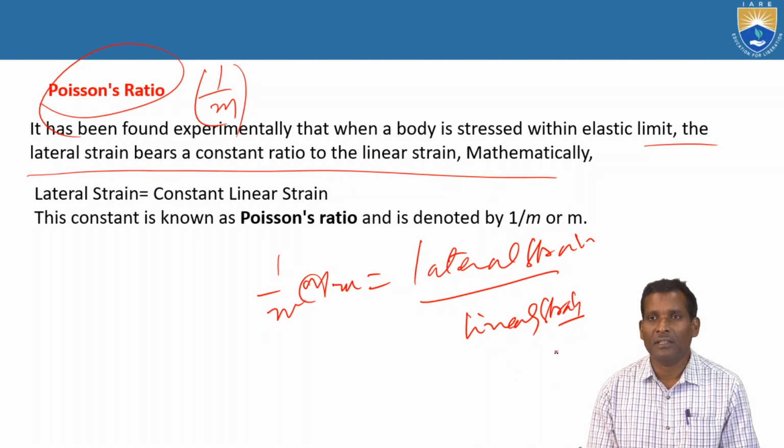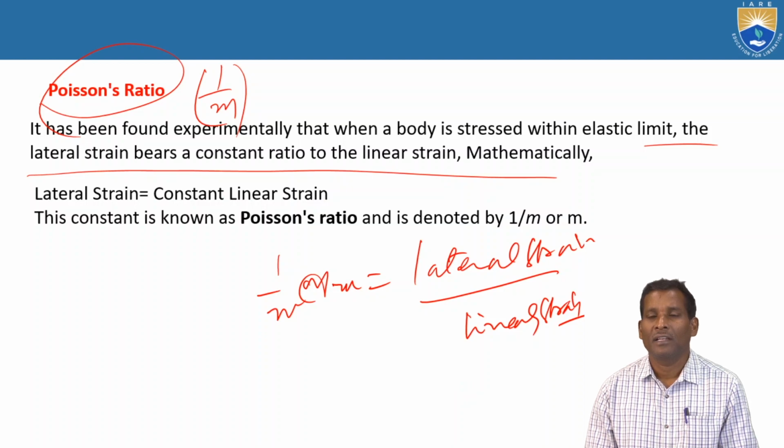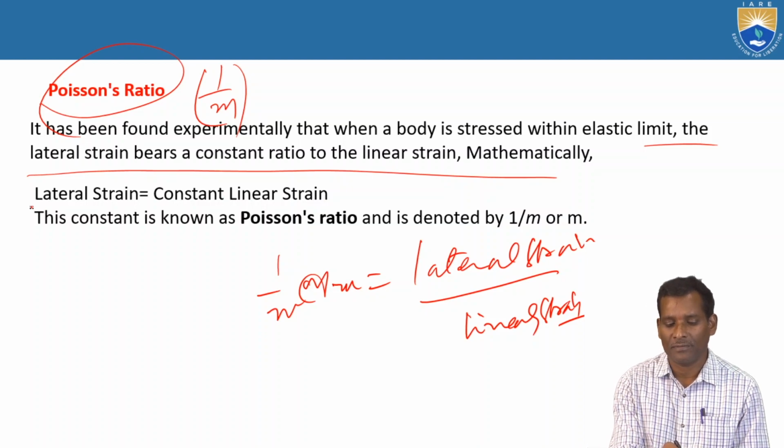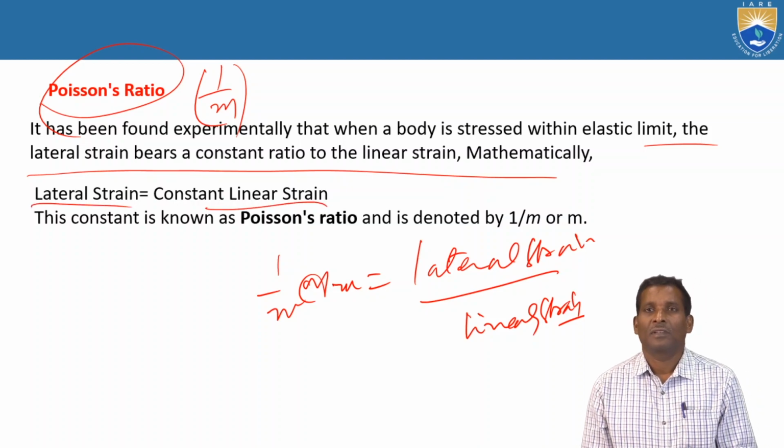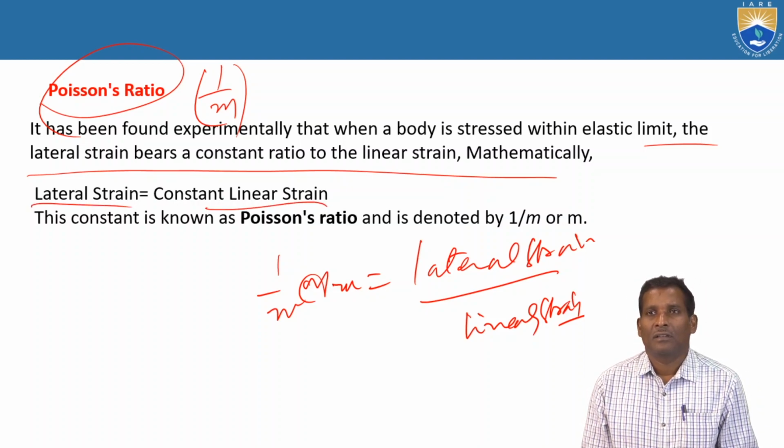Linear, lengthwise, is delta L by L; lateral is delta D by D. So Poisson's ratio is nothing but the ratio of lateral strain to linear strain, when the body is stressed within the elastic limit.